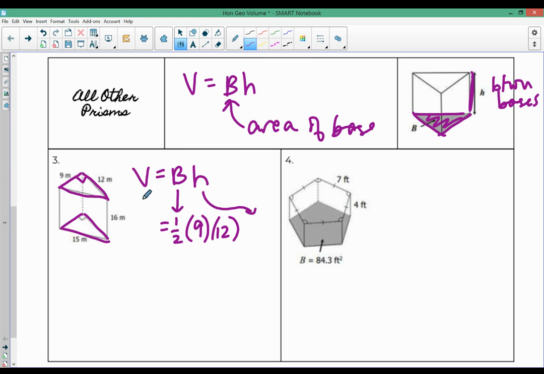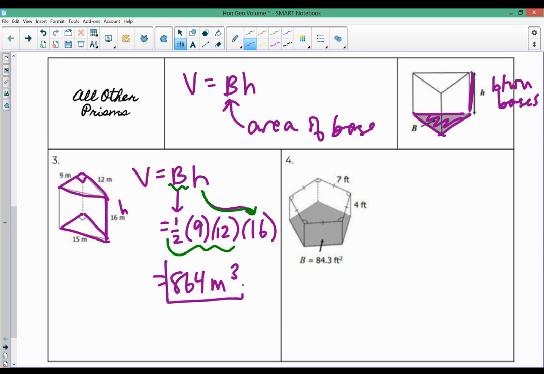And then the height between the bases will be 16. So this represents big B, and then the height between the bases. We'll multiply that all together, and that gives us 864 cubic meters.